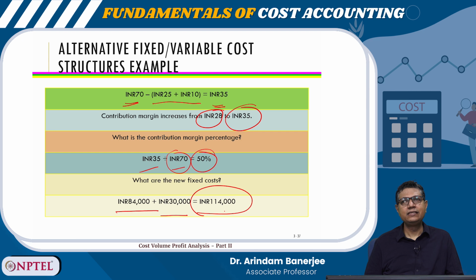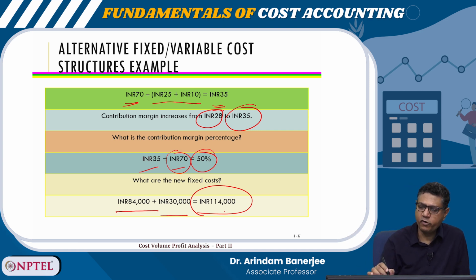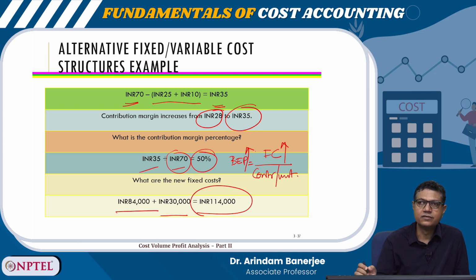So, your fixed cost is increasing. Now, one thing I would like to mention here: what is the formula for break even point? Break even point, I can write like this: BEP is equal to fixed cost divided by contribution per unit, right. So, if the fixed cost increases, break even point also increases.